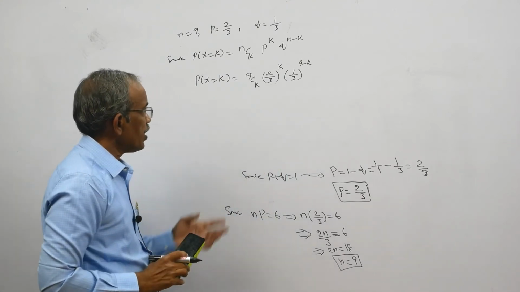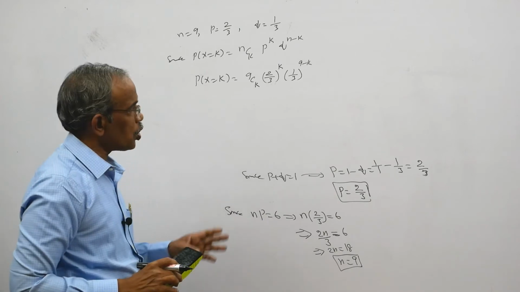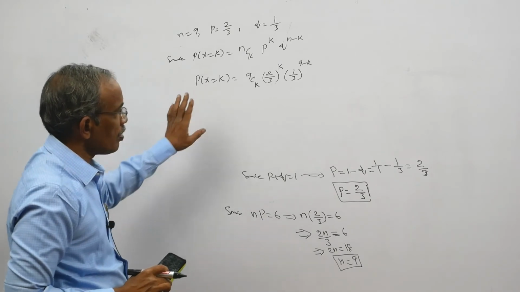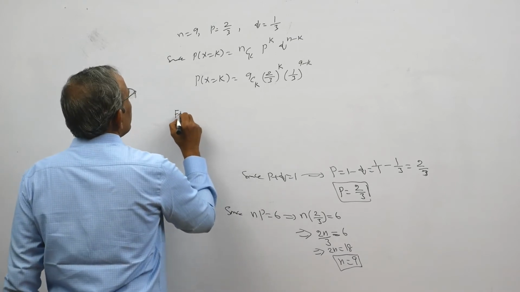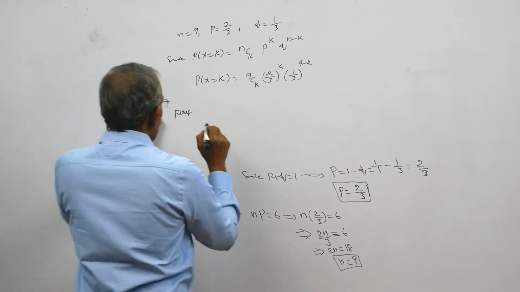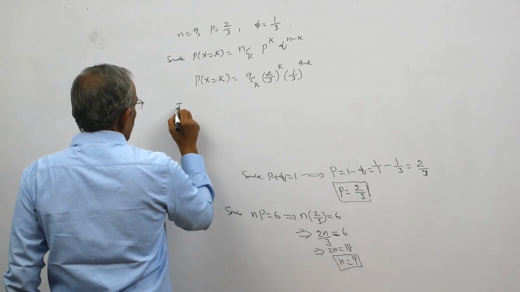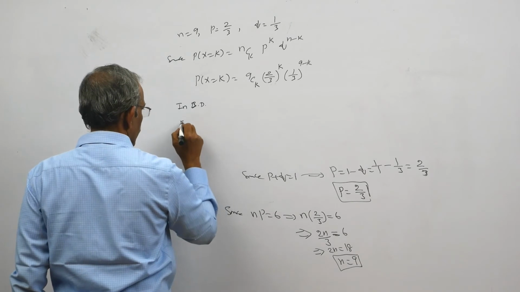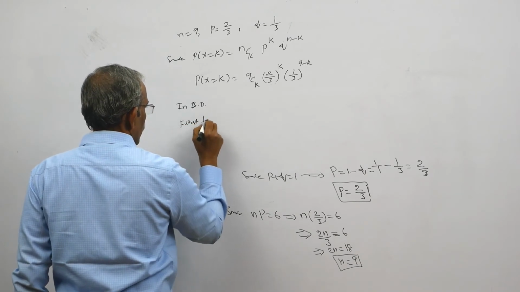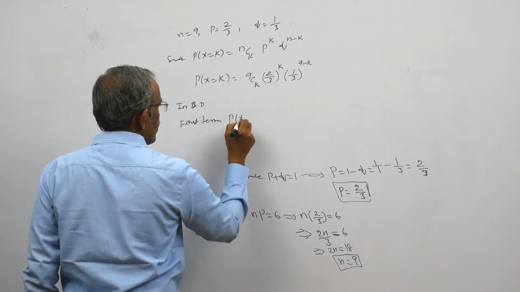Now we have to write the first two terms of the distribution. First two terms of the distribution are P of x equal to 0 and P of x equal to 1. First term, in binomial distribution, first term P of x equal to 0.